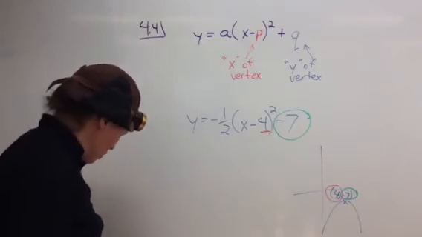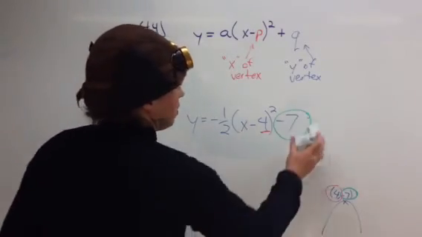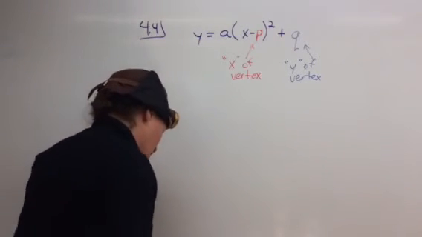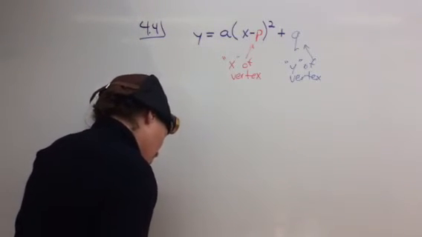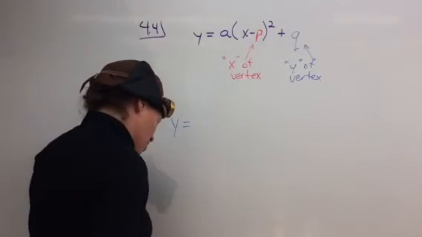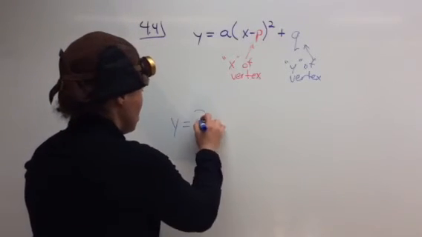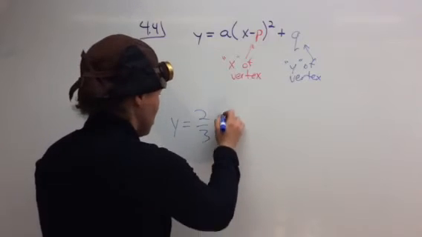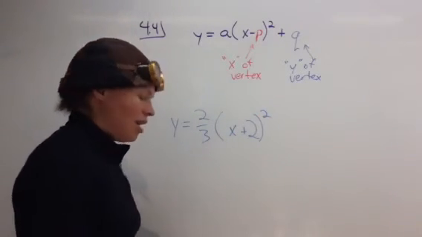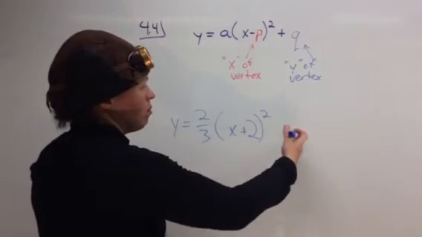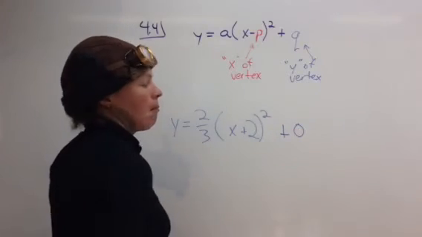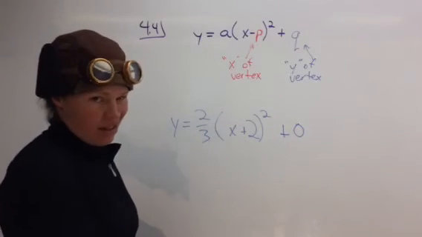So we'll try one more using a positive value in here, and I'll show you how that works. Okay, one with the positive value. We've got y equals 2/3 x plus 2 squared. And that's it. It doesn't have a q. So what could you put there? It does have a q.